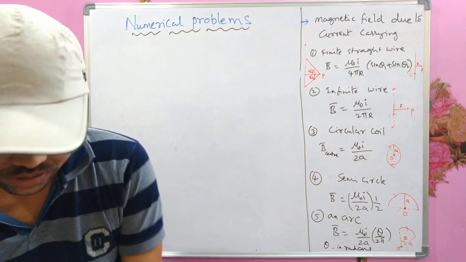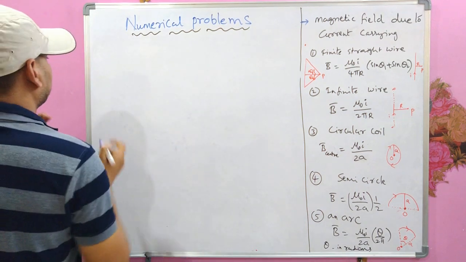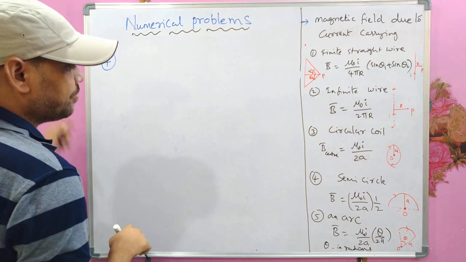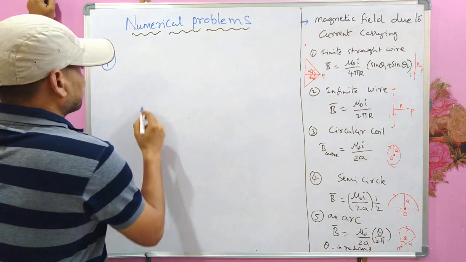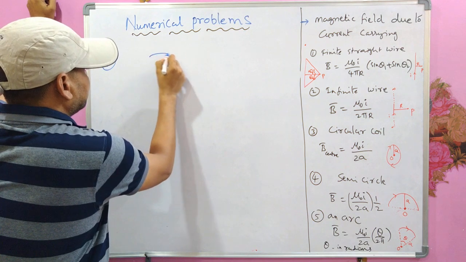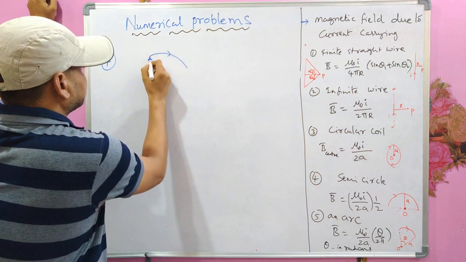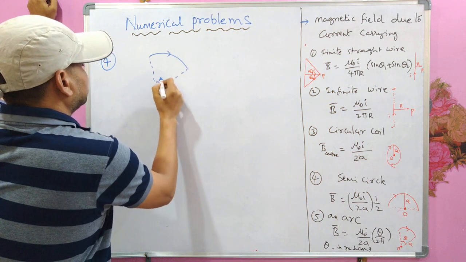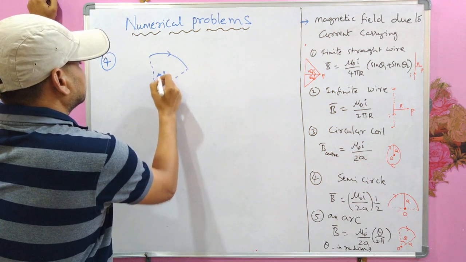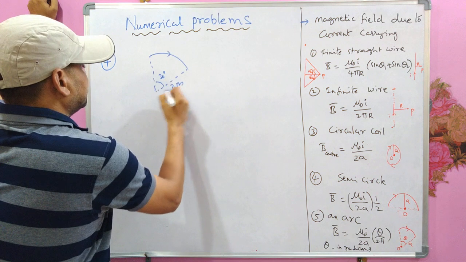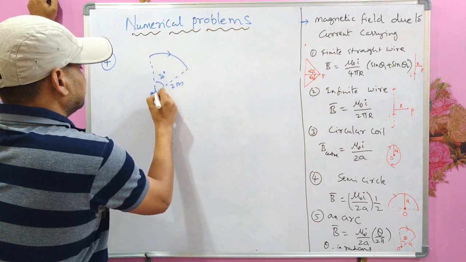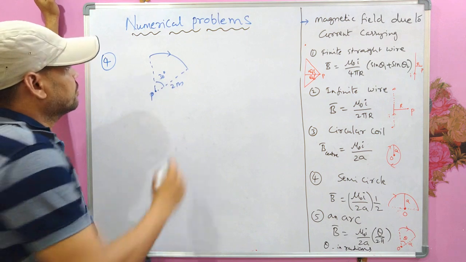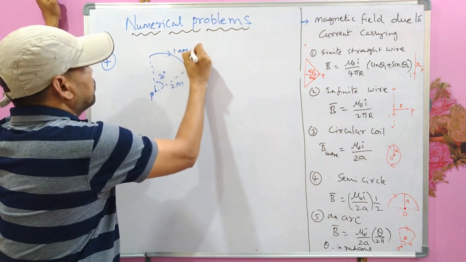Now we will see the fourth case, where the magnetic field is due to an arc. For example, this is some 30 degrees with 2 meter radius, the point P is here, and 1 ampere current is flowing through it.